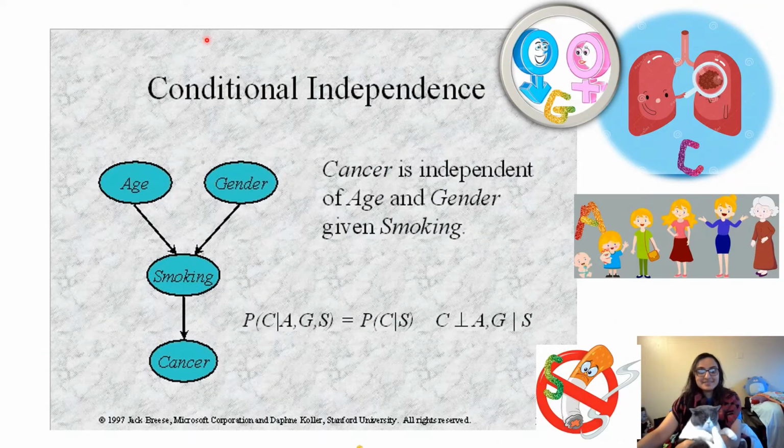Here is another example of conditional independence, with this other network of age, gender, smoking, and cancer. We can say that cancer is independent of age and gender given smoking. The probability of cancer given age, gender, and smoking is equal to the probability of cancer given smoking.